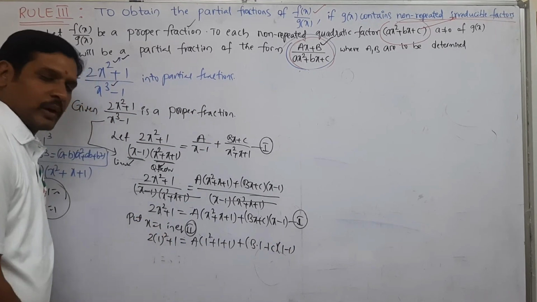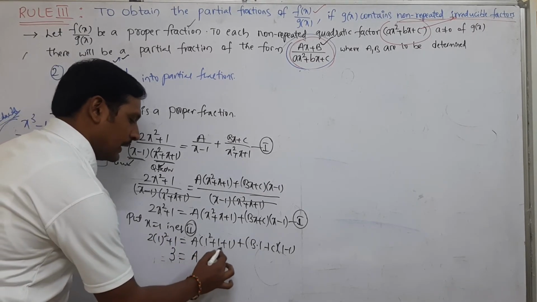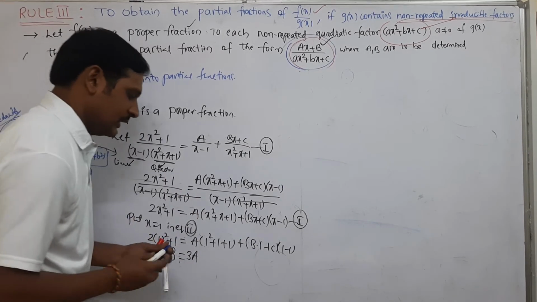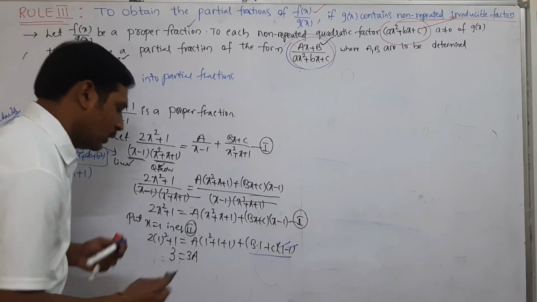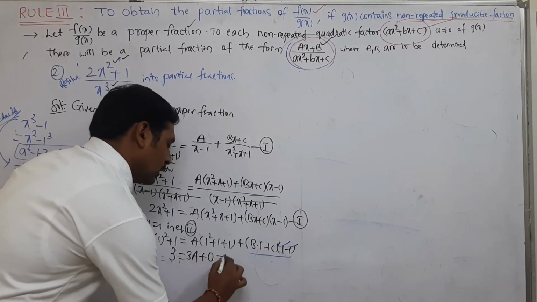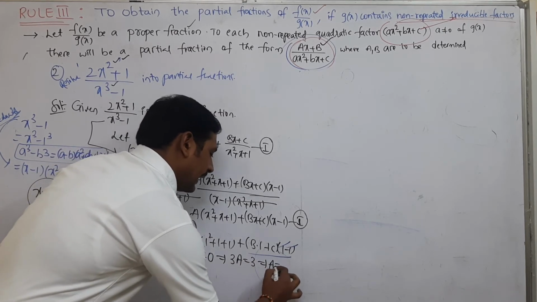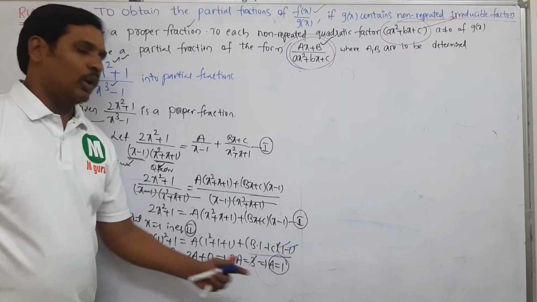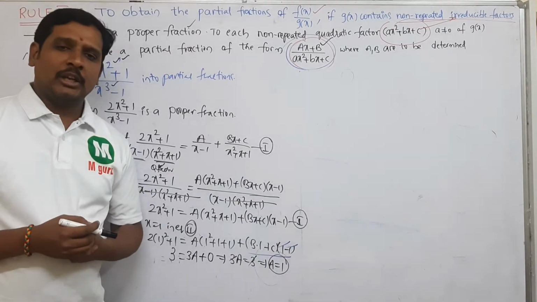So 2 into 1 square is 2, plus 1 is 3, equal to a into 1 plus 1 plus 1, which is 3a. And you can see here this 1 minus 1 gets cancelled, the entire term becomes 0. So 3a equals 3, nothing but a equals 1, as the 3s get cancelled.